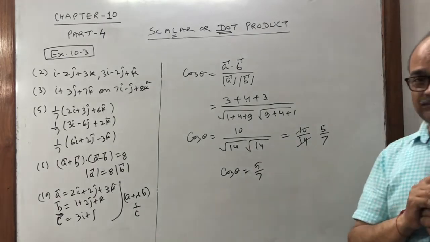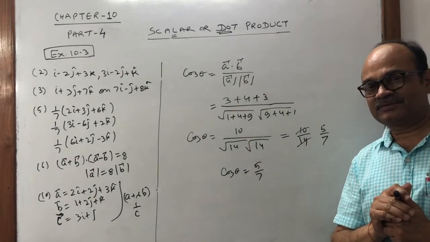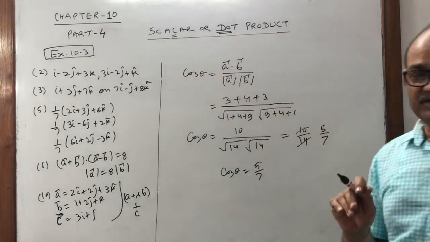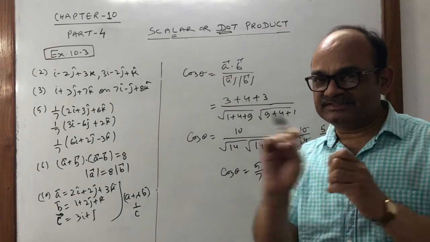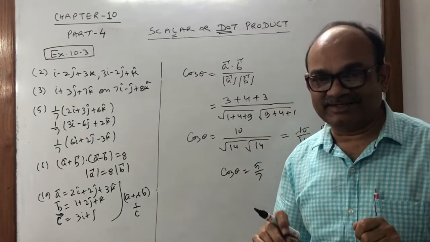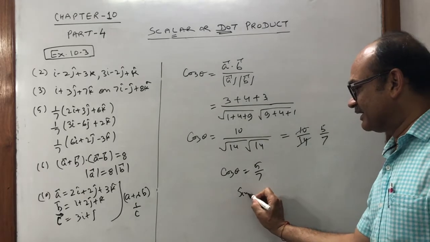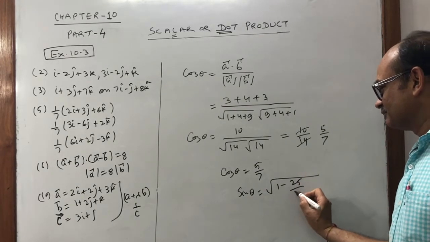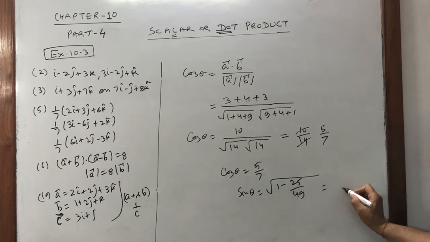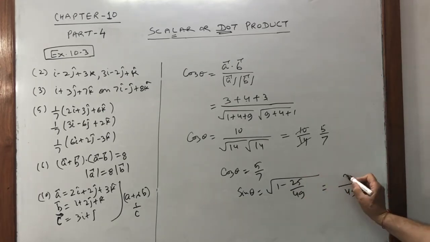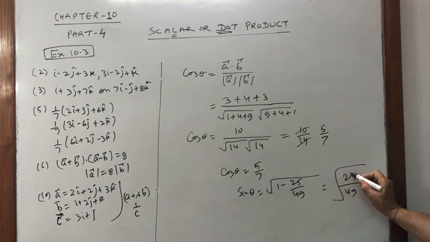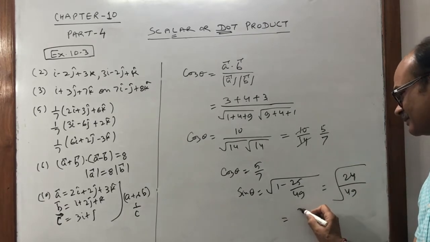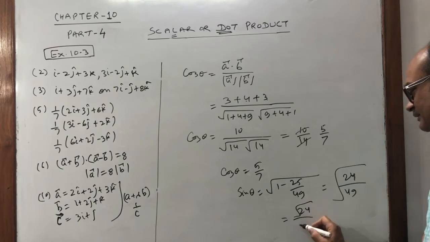In the 2018 CBSE exam, the question is the same, but with a small change: find sin theta. So sin theta is under root of 1 minus cos square. So what are we getting? 49, 24, root 24 divided by 7.